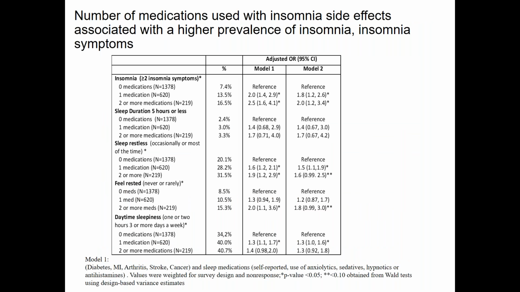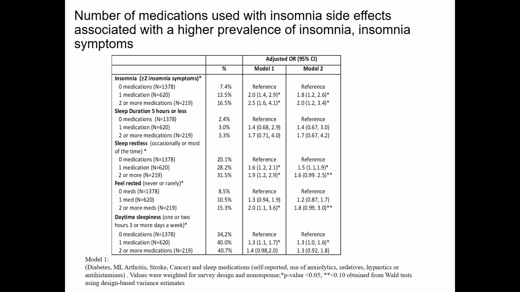So the question here wasn't only, to what extent are they used in the older adult population, but does their use really affect their sleep, and particularly insomnia, which we know is a problem in the older adult population.